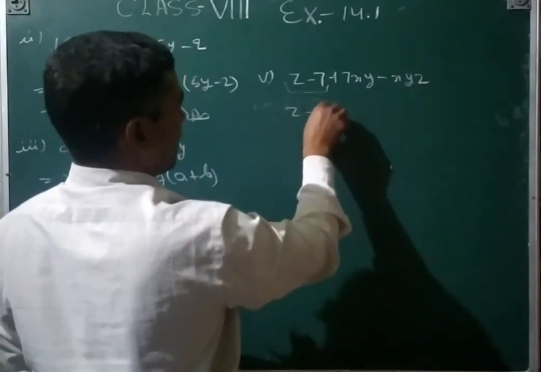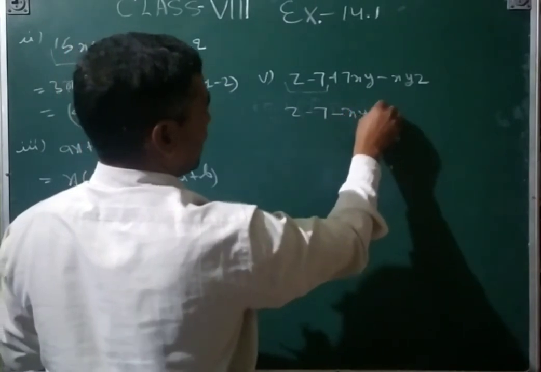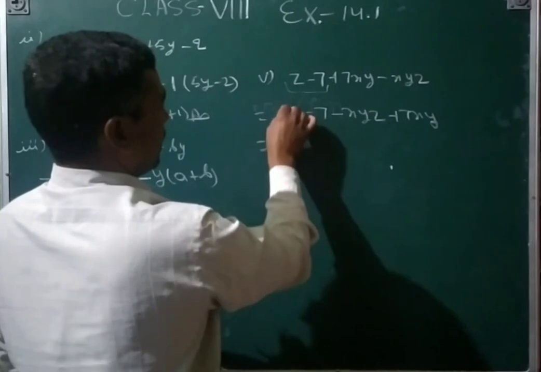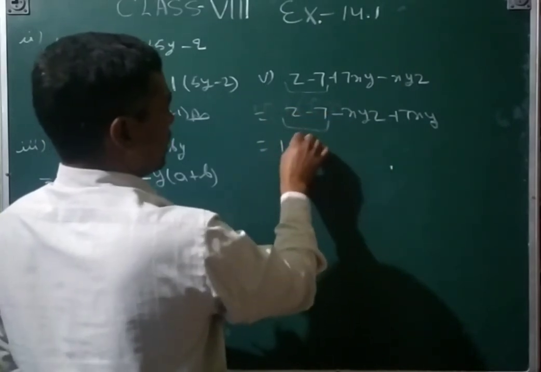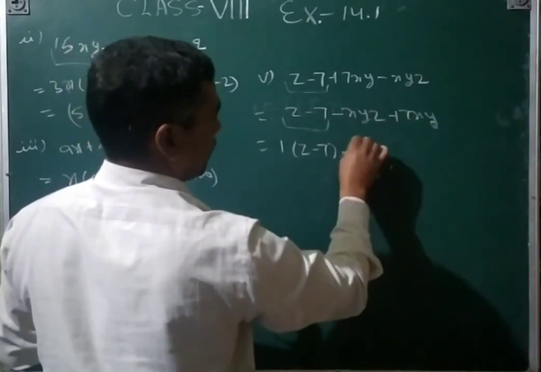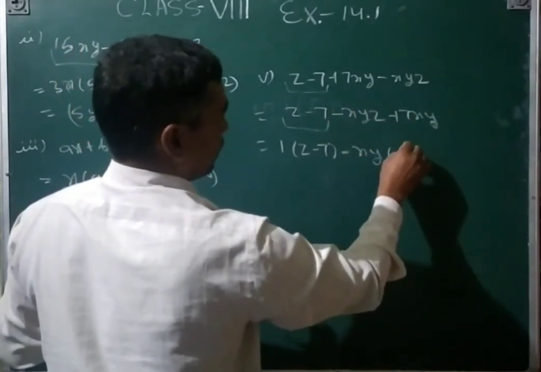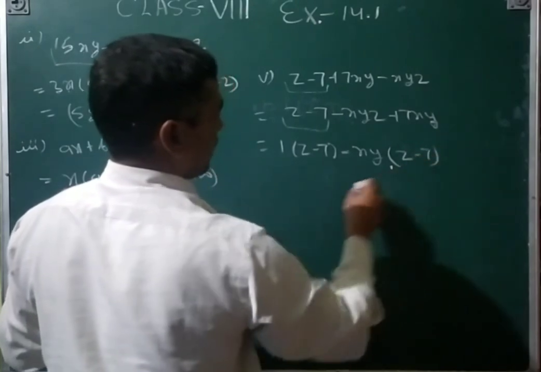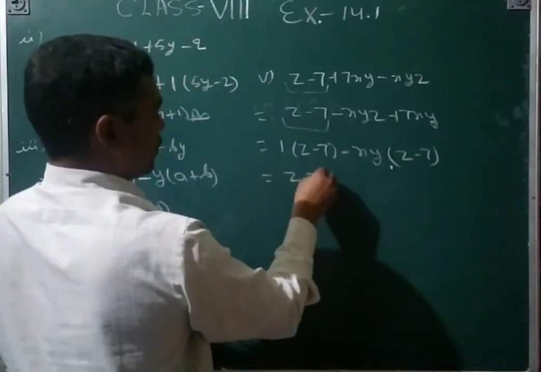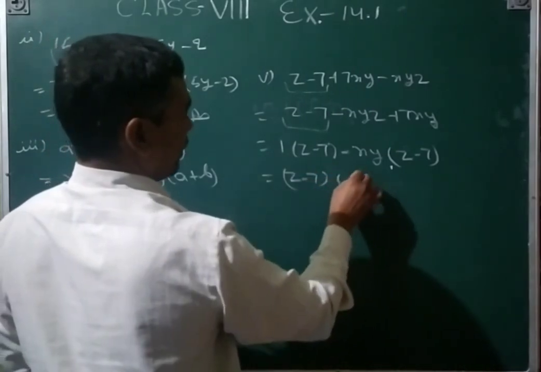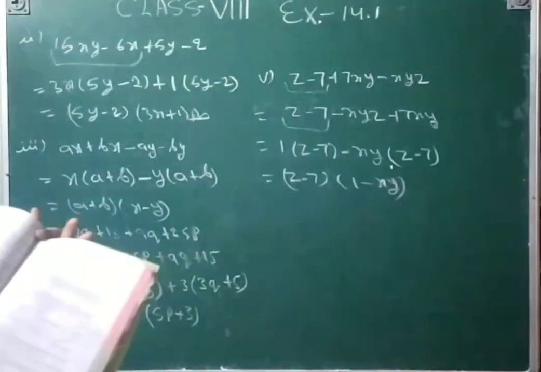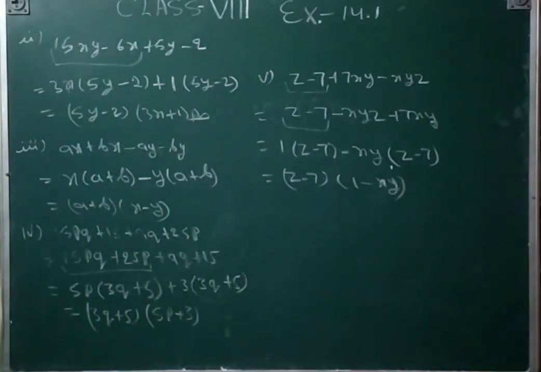So z minus 7 minus xyz and then plus 7xy. In these two you are looking common 1, so z minus 7, and then minus xy is common, so that will be z minus 7. By this one sign, this sign has changed. So again z minus 7 is common, so left outside is 1 minus xy. Like this you will solve these problems. Okay.